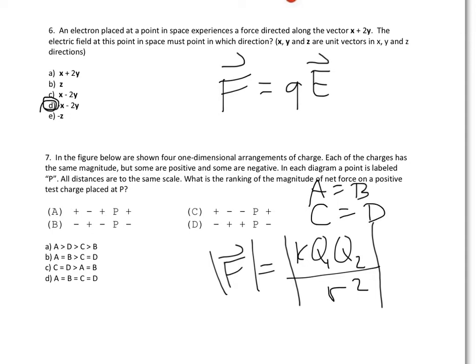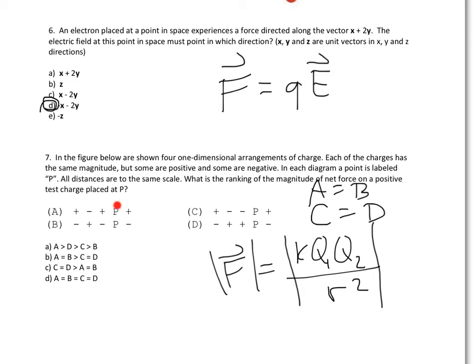So all we really have to do is compare one of these to one of these. Let's compare C to A, for example. Some of this distribution is the same as this. For example, the first two, plus minus, are the same here, plus minus. Now these two will add up to give the same force in both cases A and C. Consider that P is a positive charge that's given here.